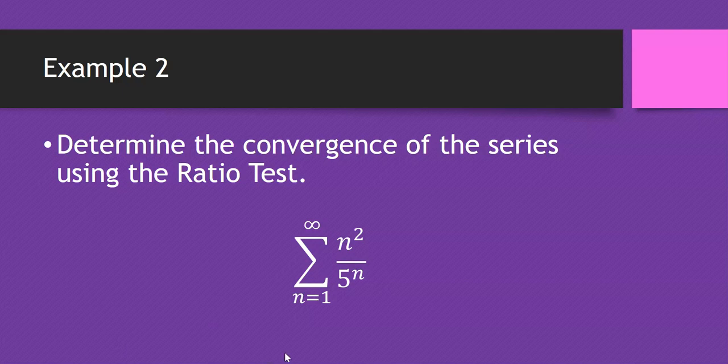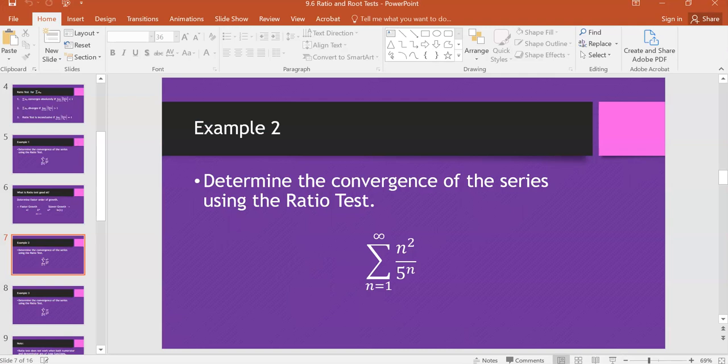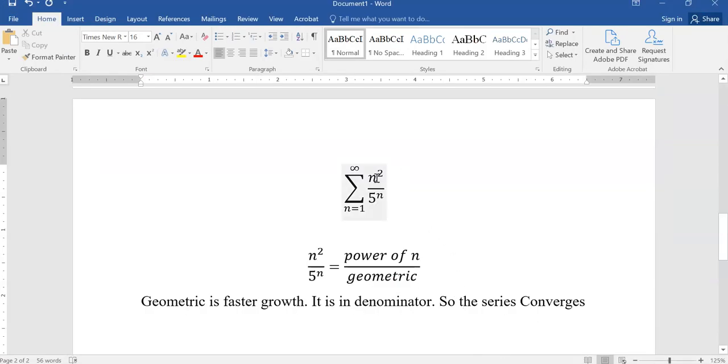All right, so here we go. We have n squared over 5 to the n. Now n squared is a power of n. 5 to the n is geometric. Geometric is going to have the faster growth. Again, we do have to make sure our base is bigger than 1 in terms of absolute value if we want it to dominate.